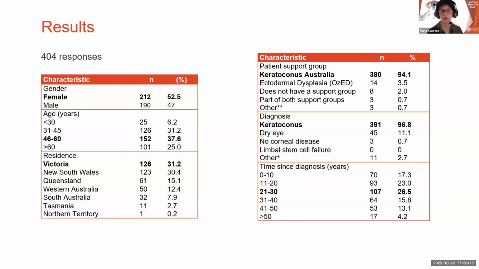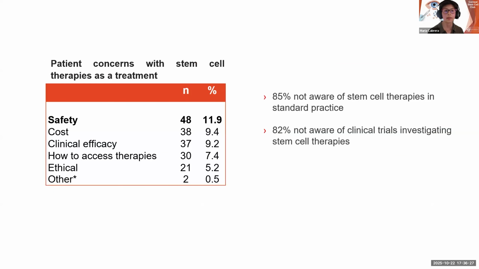Hence, the main diagnosis was keratoconus, and the time since diagnosis was between 21 to 30 years. The main concern that they expressed was about safety of these therapies, and around 85% were not aware of any stem cell therapies in the standard practice, and around the same were not aware of clinical trials investigating stem cell therapies.